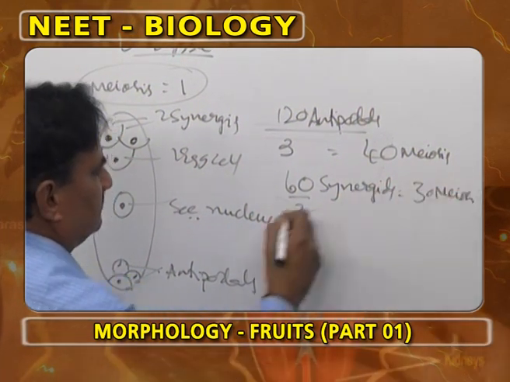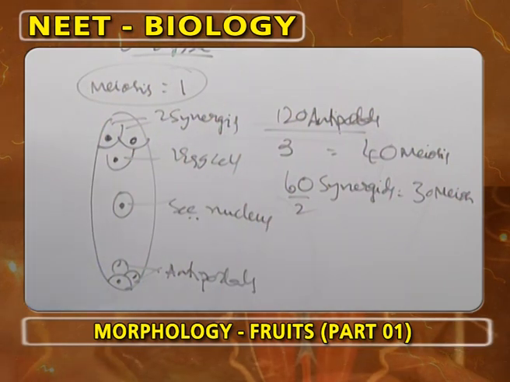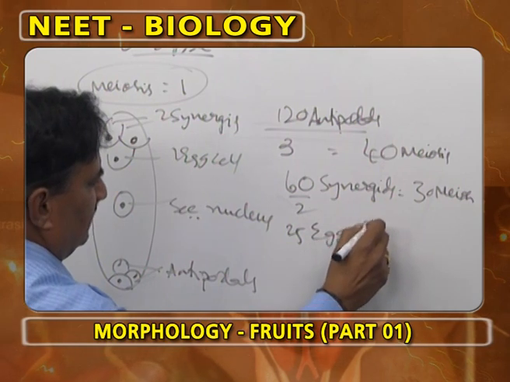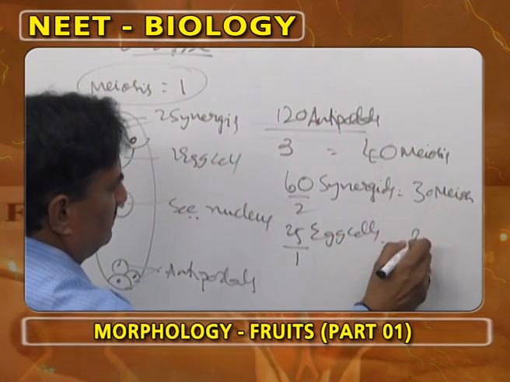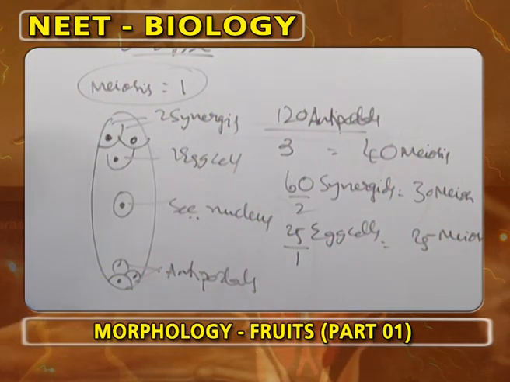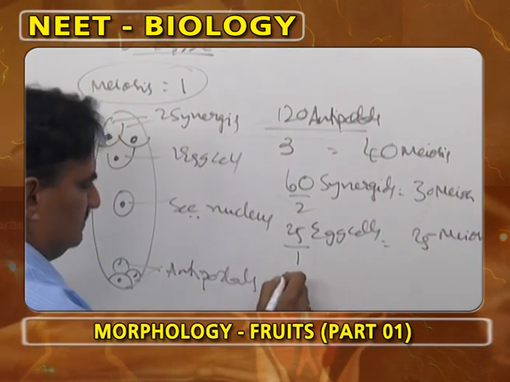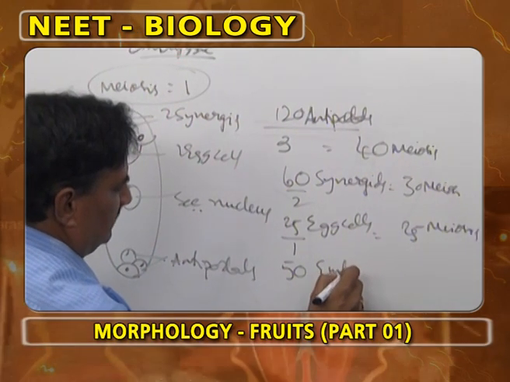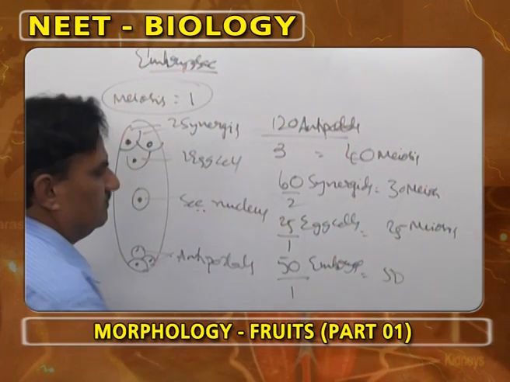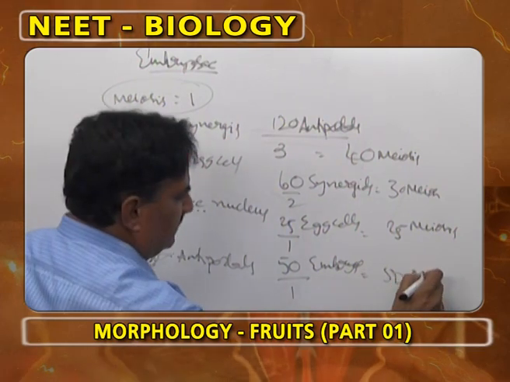Then 25 egg cells. 25 egg cells means 25 by 1, 25 meiotic. And 50 embryo sacs. 50 embryo sacs also by 1, so 50 meiotic.